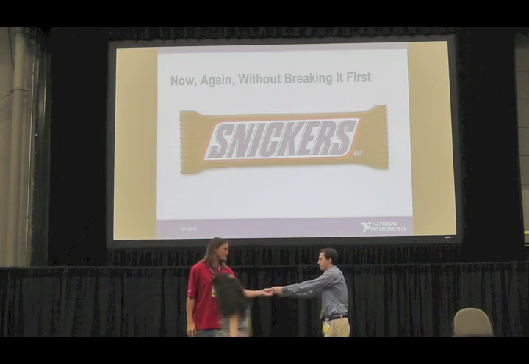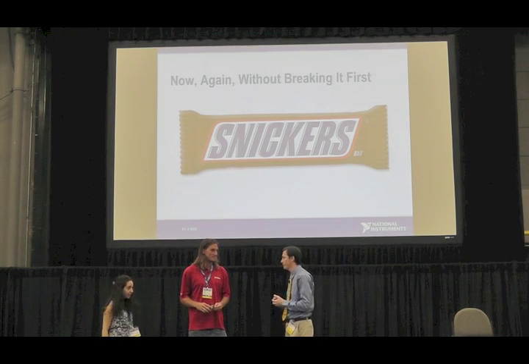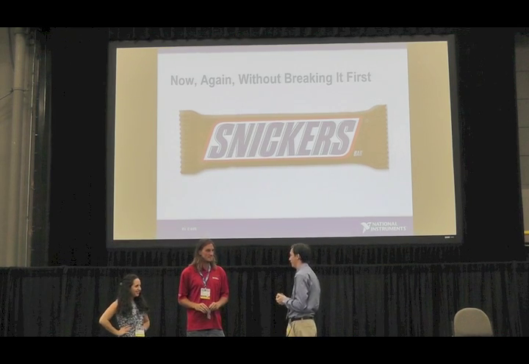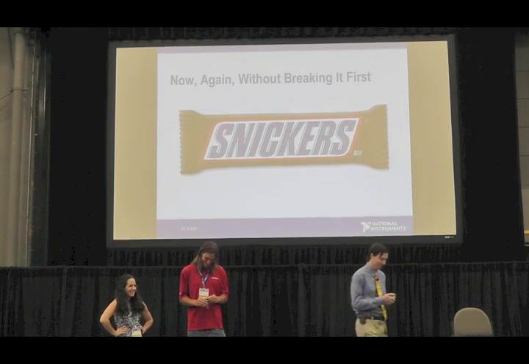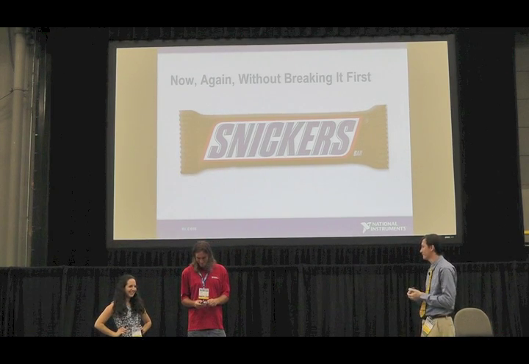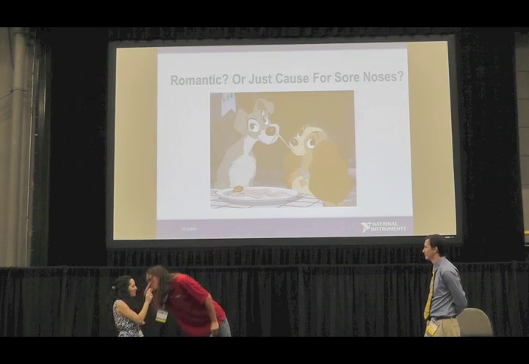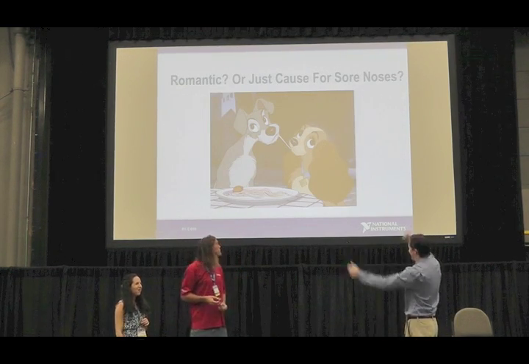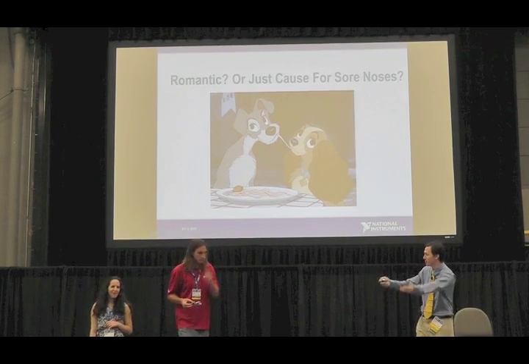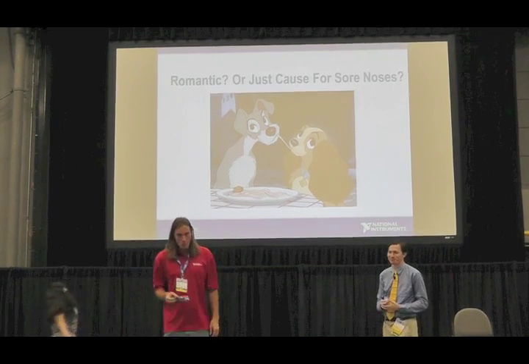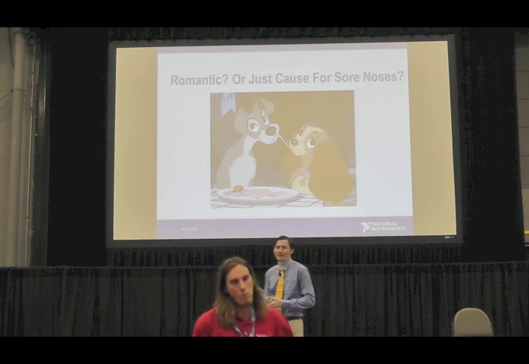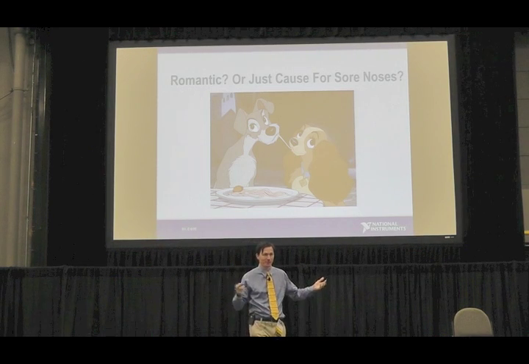I would like you to share this Snickers bar without taking turns and without breaking it first. Excellent. You may return to your chairs. And this is how engineers meet and get to know each other.